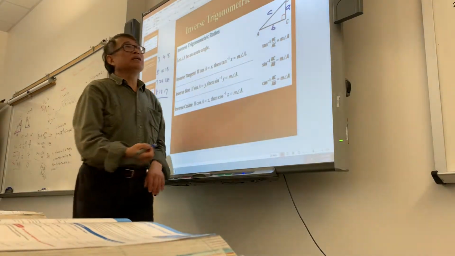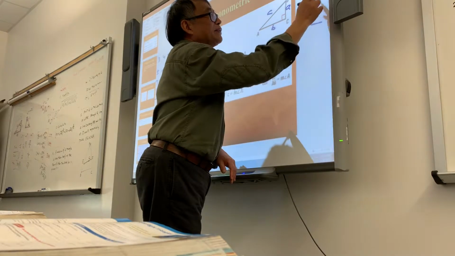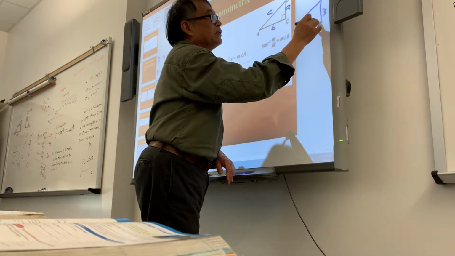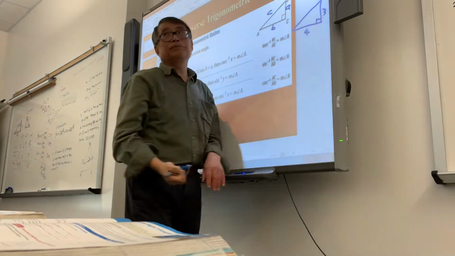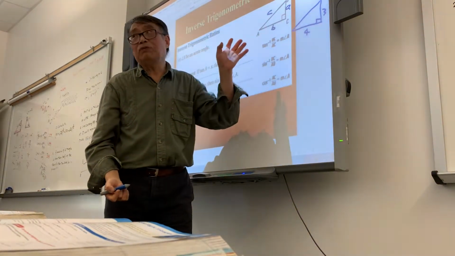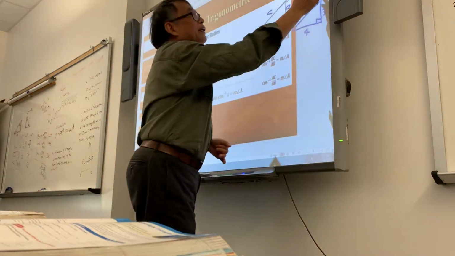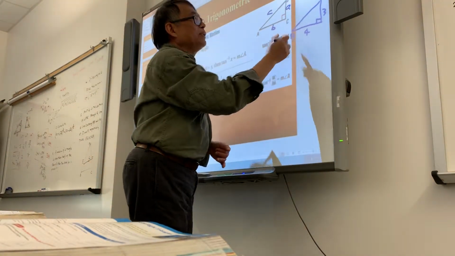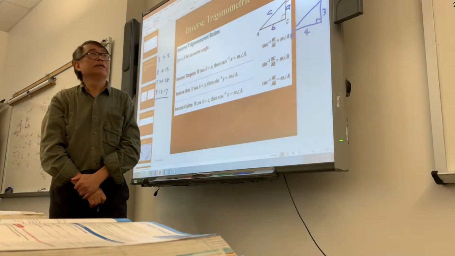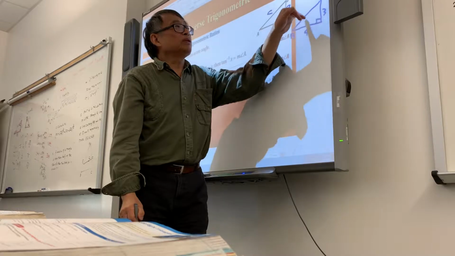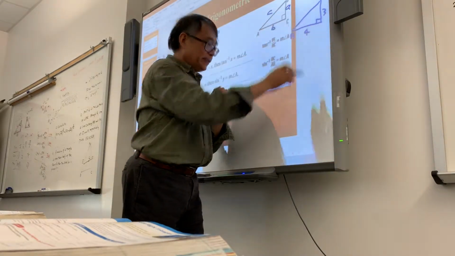Now, the question is, if we have a right triangle like this, this is 3, this is 4. So you can find this is 5. So how to use this way to find angle A, angle B measurement? Do you understand, please? Angle A, you can see 3, 4, 5. You can find this side is 5.